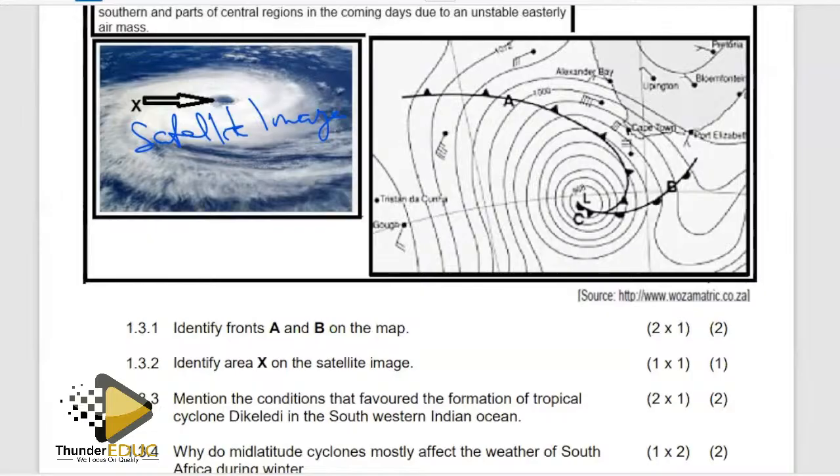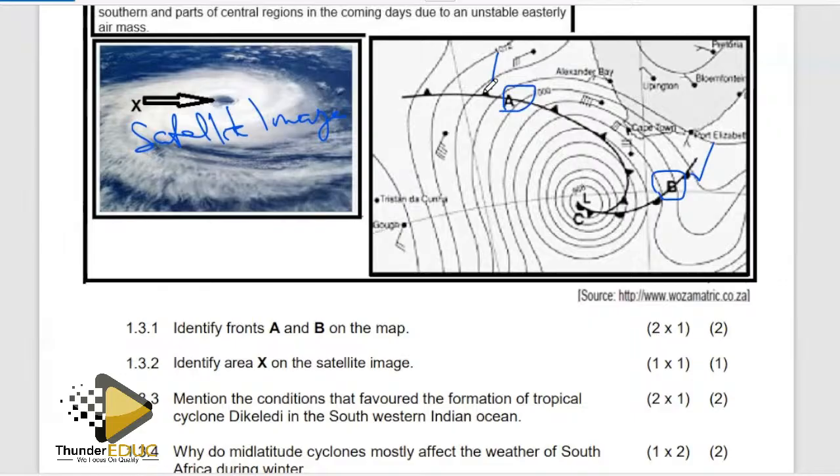So we have a front at A, which is indicated. What you should note here gives us a distinction of the fronts. At A, our A is here. At B, our B is here. At A, you can see that the indication here is a triangular indication of the front.